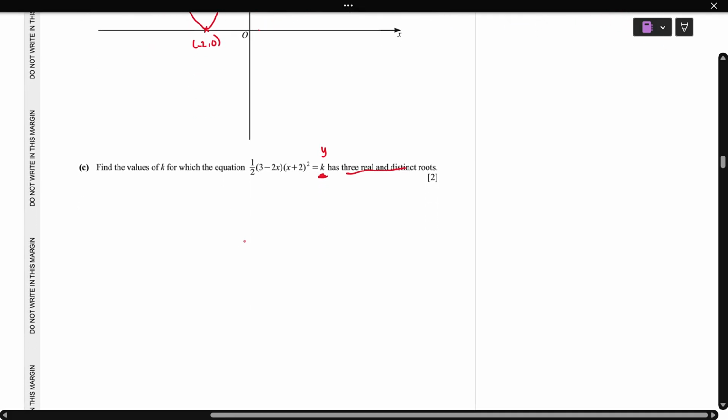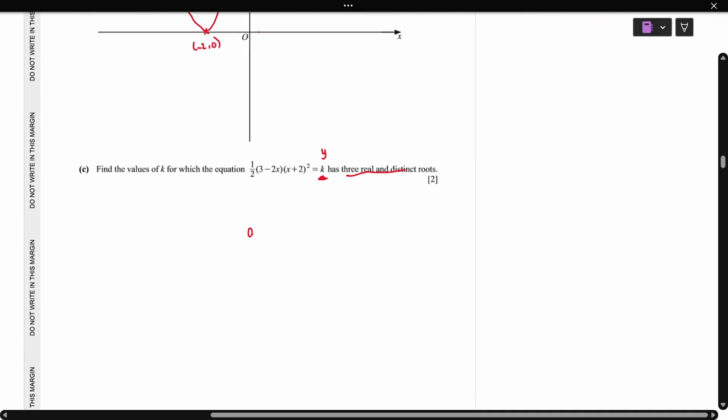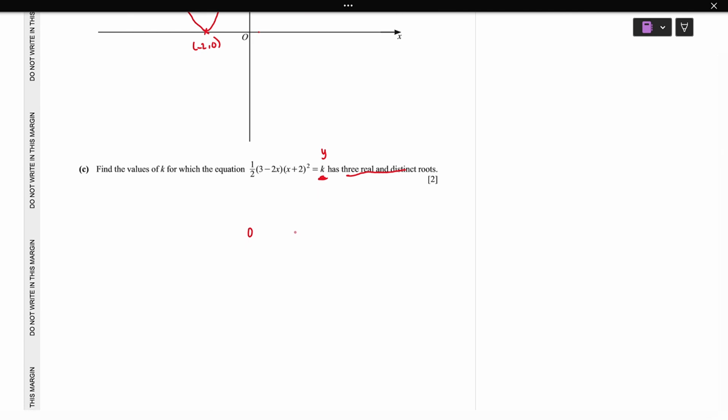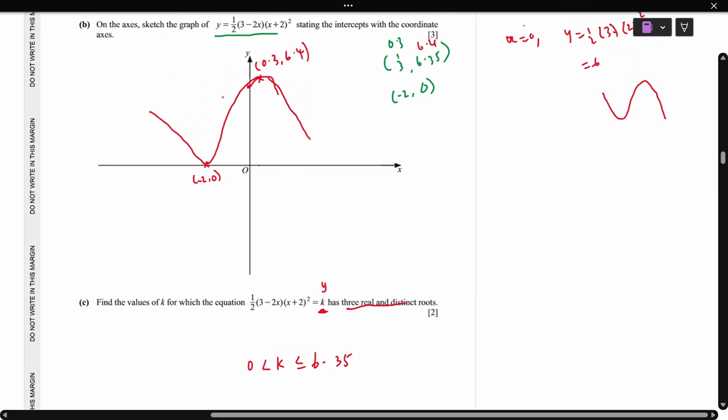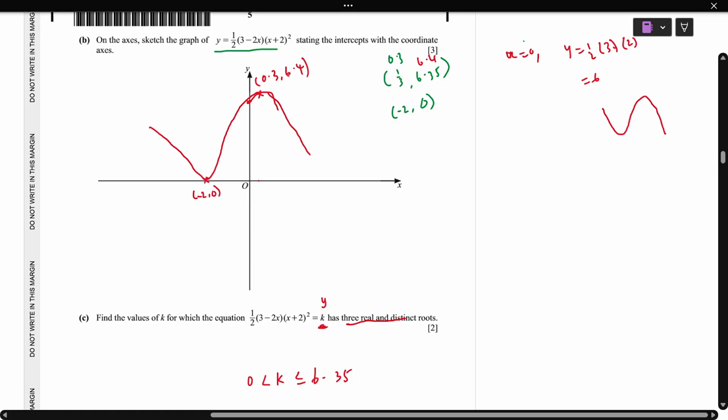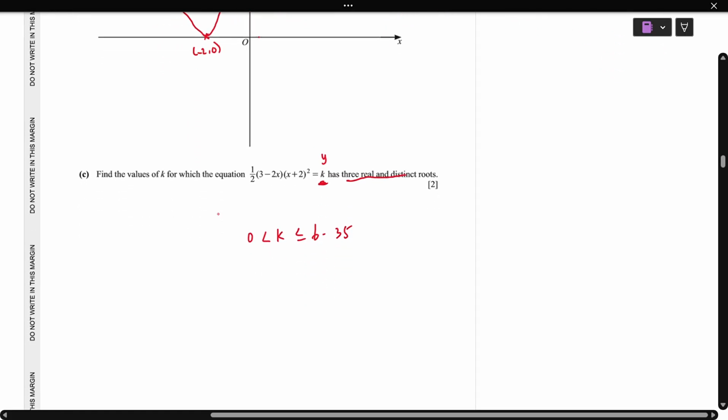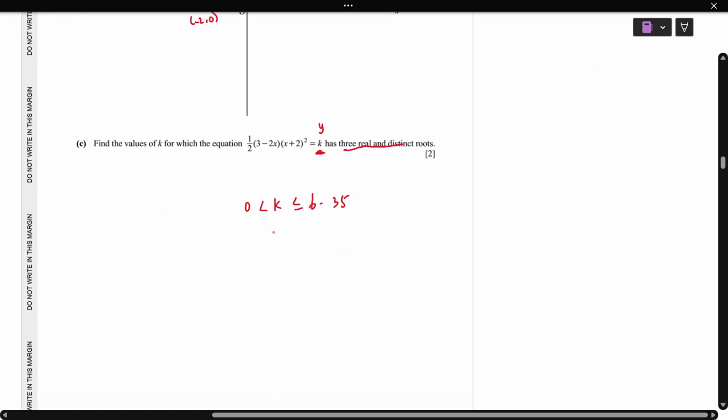So we'll write 0 less than, here it is not x, it is k, y. So k less than or equal to 6.35. This is the turning point on the y-axis. So this is the range of the value of k.